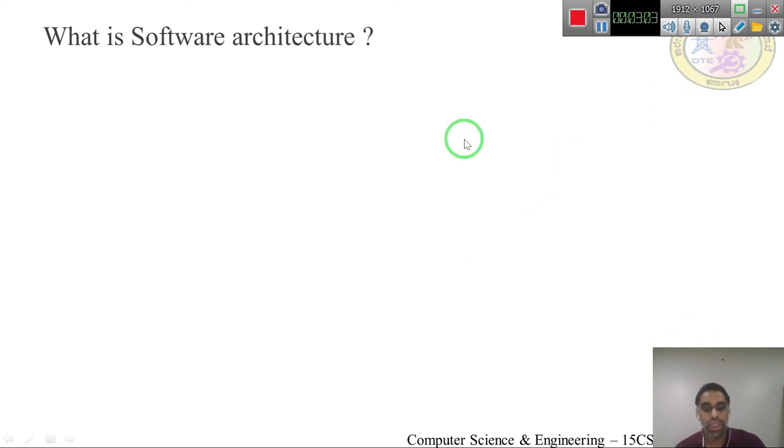The first way is that it integrates various subcomponents, right? We understood that the overall module gets divided into submodules, so we have to integrate these submodules. In this, software architecture comes into context.